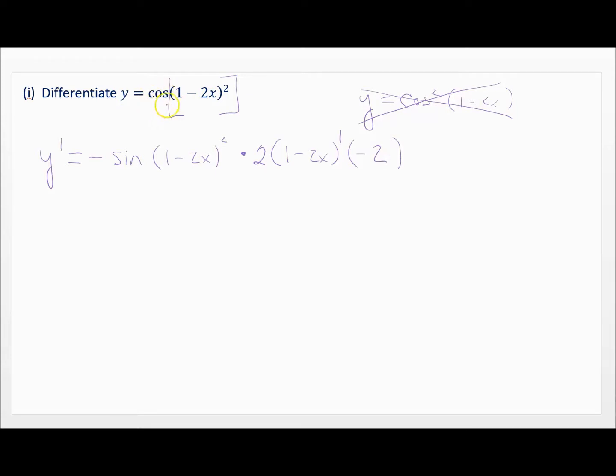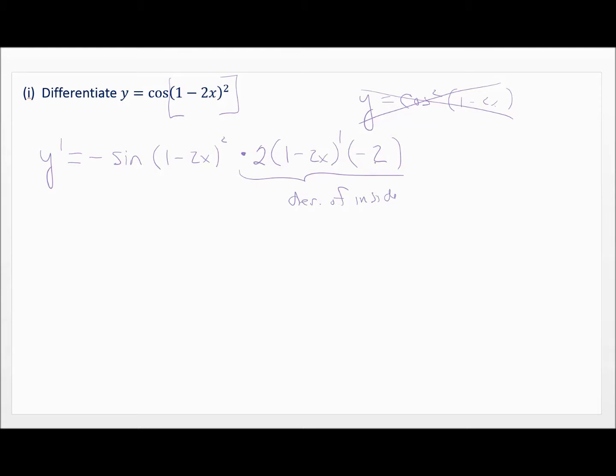So the derivative of the outside function is negative sine. You rewrite the inside. All of this is the derivative of the inside, which is the chain rule again. So 2 comes in front, you rewrite the inside, 1 minus 2x, you reduce that power by 1 times the derivative of the inside. That's a fun problem, isn't it?